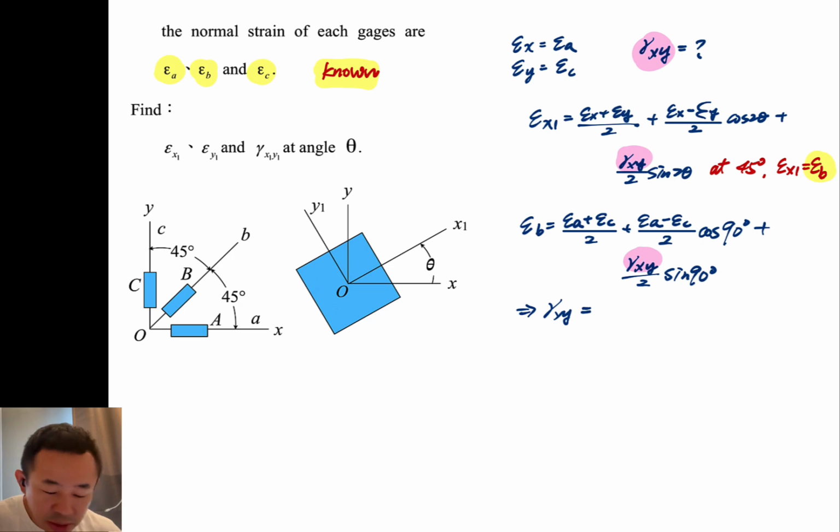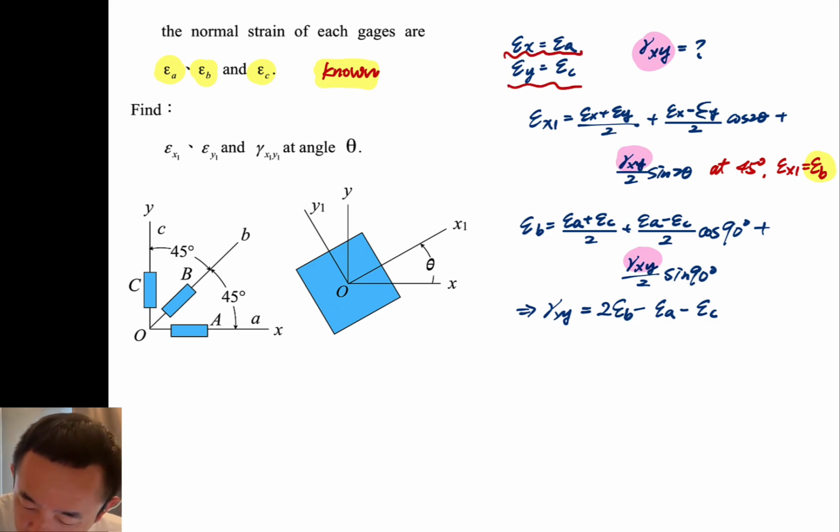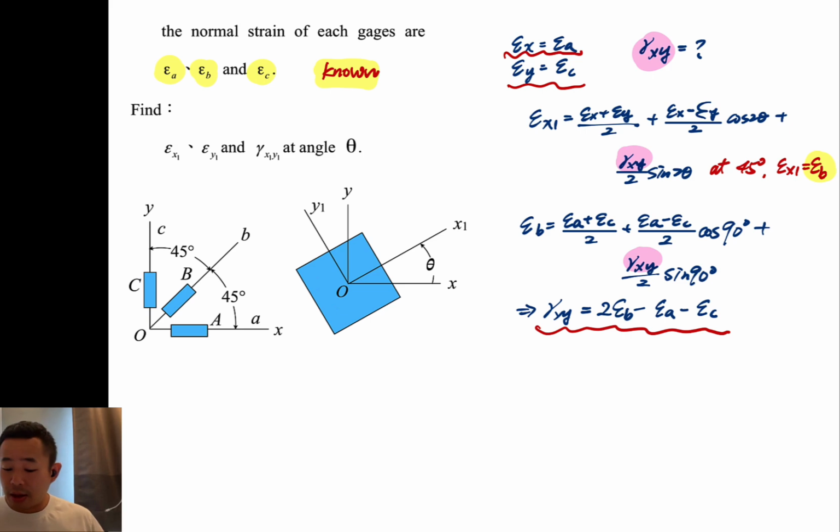So you can obtain this after the calculation. You have 2 epsilon b minus epsilon a minus epsilon c. Okay, so now you can obtain this gamma xy by using three normal strain gauges.